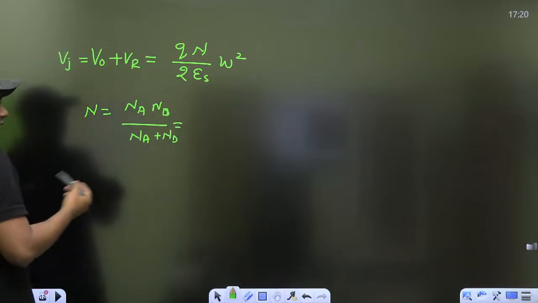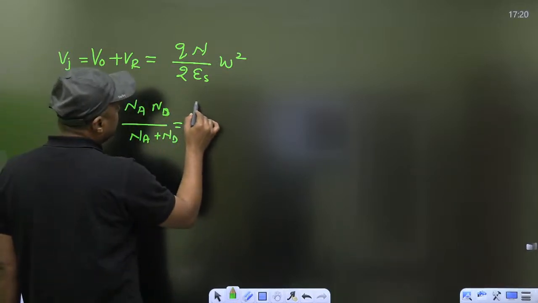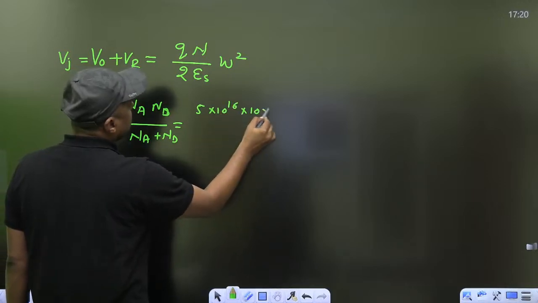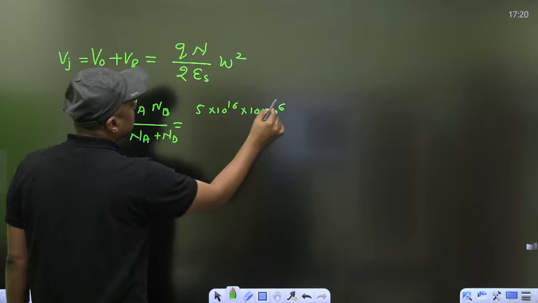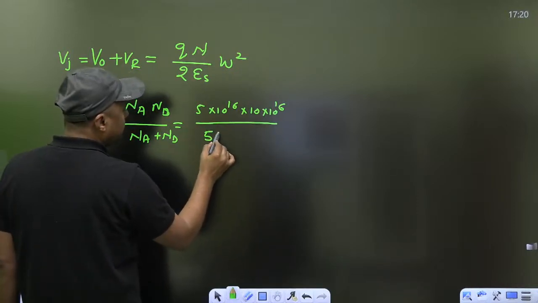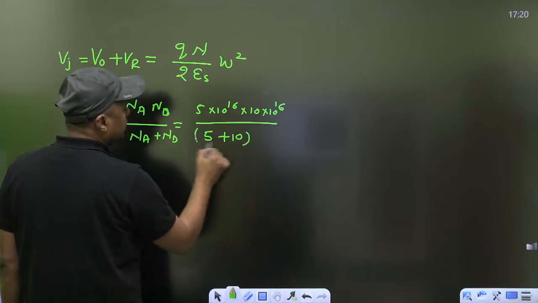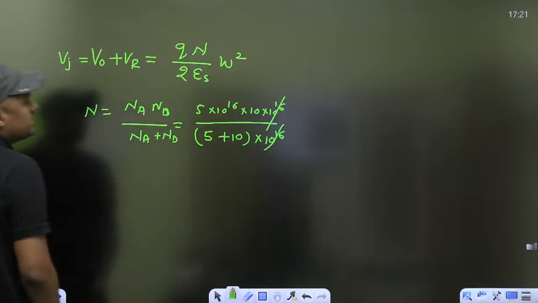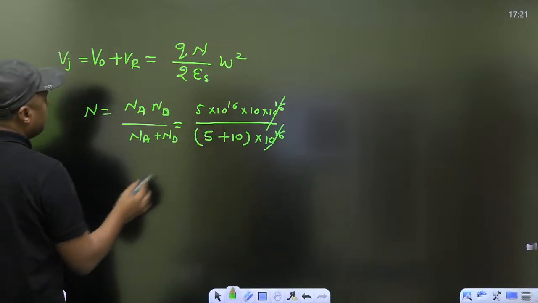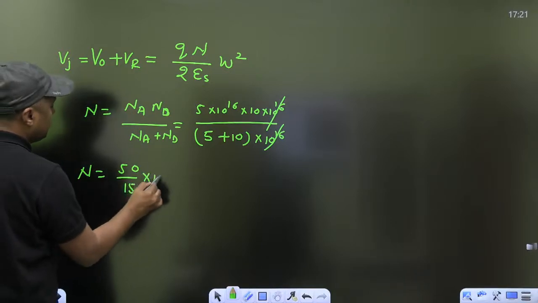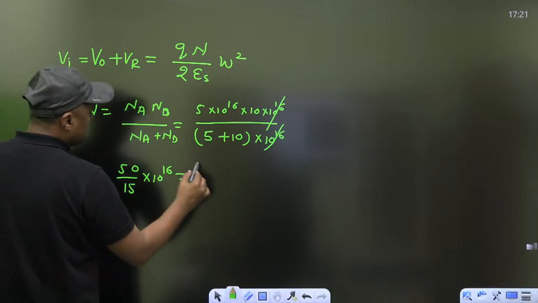So what is the N? You can find that it is 5 into 10 to the power 16 times 10 into 10 to the power 16, upon 5 plus 10 into 10 to the power 16. Cancel out the 10 to the power 16, and multiplication gives 50 by 15 into 10 to the power 16, which means 10 by 3.